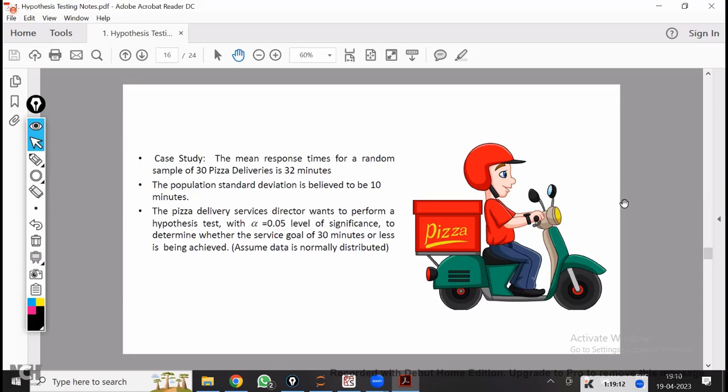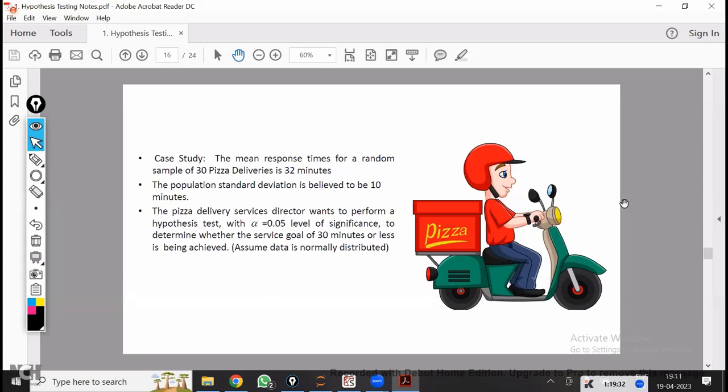Done? So now determine whether a service goal of 30 minutes or less is being achieved. Their service goal is to give the deliveries in less than 30 minutes, whether it is being achieved or not. If it is less than 30 minutes, they are happy.